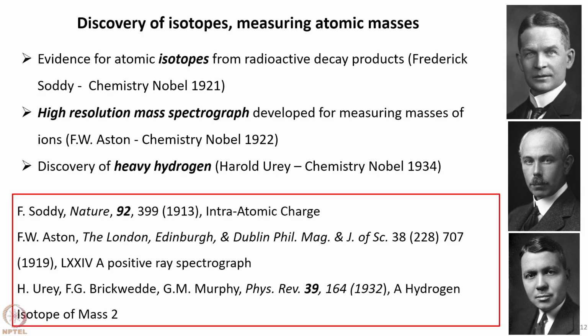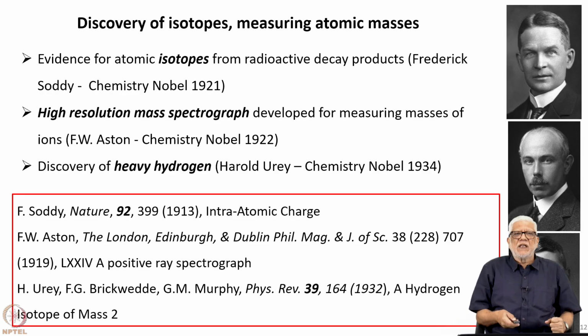Okay, so next I come to discovery of isotopes and measuring atomic masses. The evidence for atomic isotopes from radioactive decay products was done by the work of Frederick Soddy, who got the chemistry Nobel in 21. These isotopes have the same atomic charge, but they have different masses.